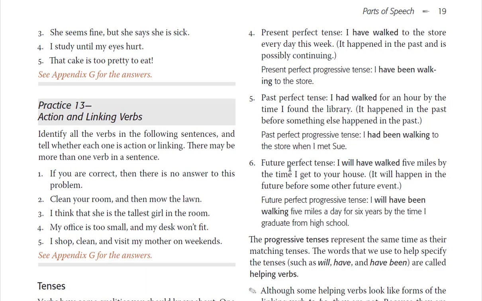Future perfect is the same idea. You have one future action before another future action. So tomorrow, I will have taken off my clothes before I will go into the shower. So it's the same thing. It's two actions, one happening before another, and the perfect tense is always the tense that happens first.